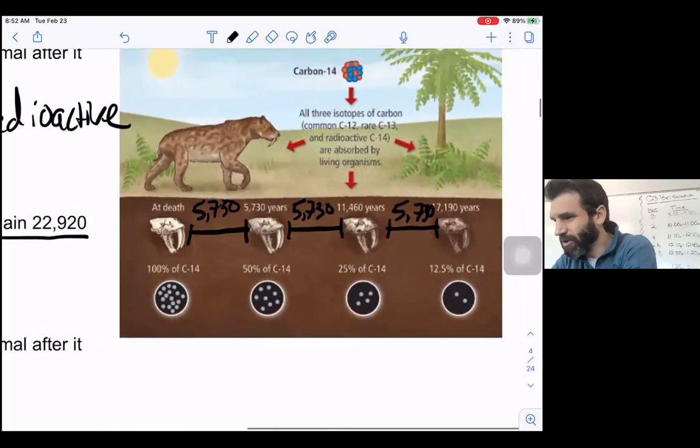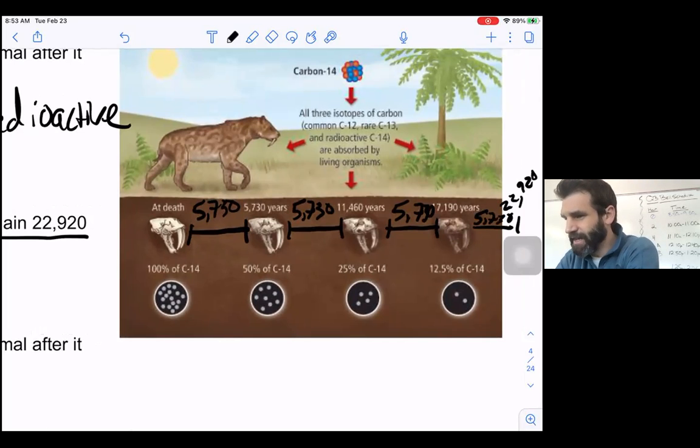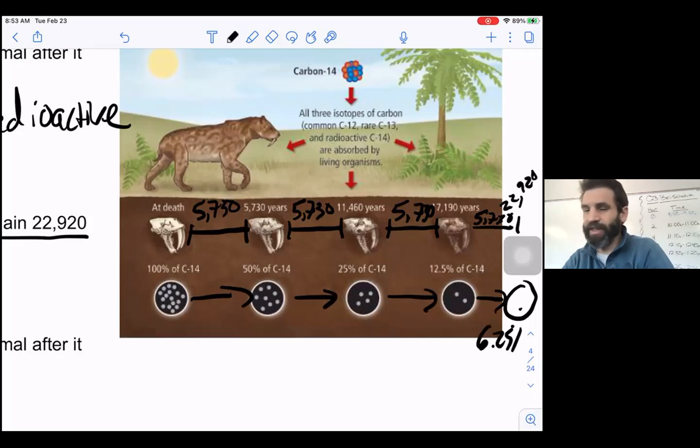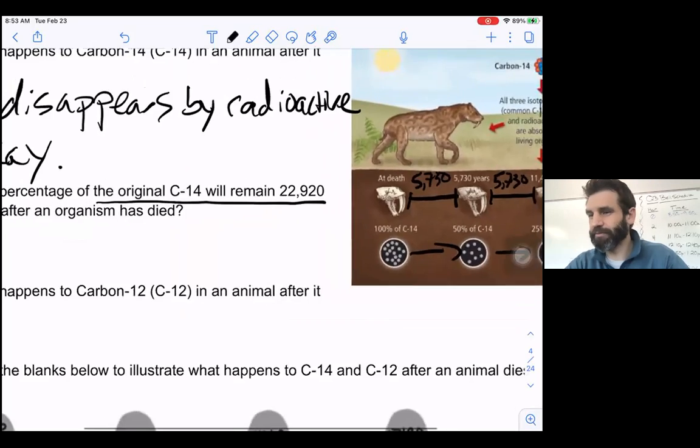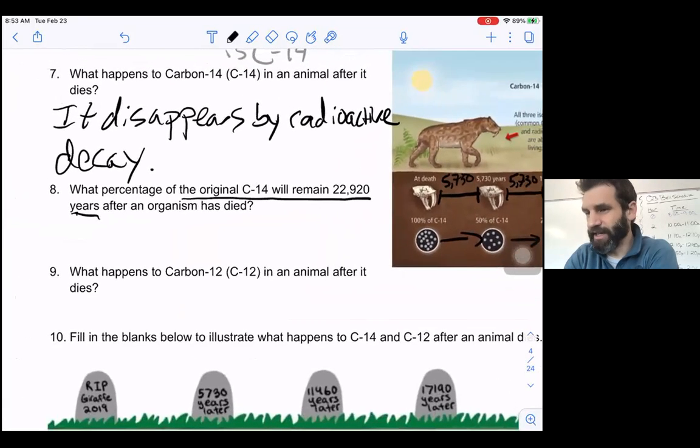And the stretch to 22,920 is another 5,730 years. So this goes from 100 to 50% to 25% to 12.5%. And this is now going to go to something like 6.25% of the original remaining. So this would be 6.25%.